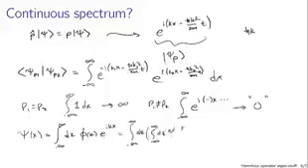Integral dxi of psi of xi e to the minus i k xi. So that was our definition of phi sub k. If I multiply this by e to the i kx, continuing my expression over here, you end up with something that makes a certain amount of sense.